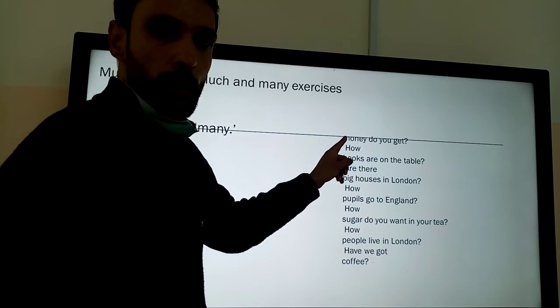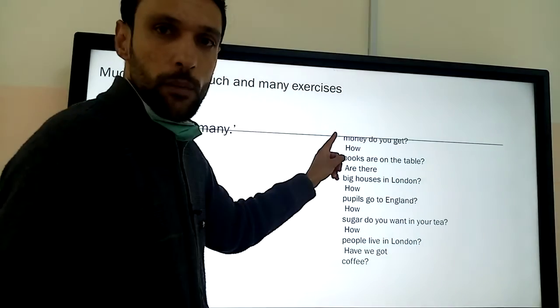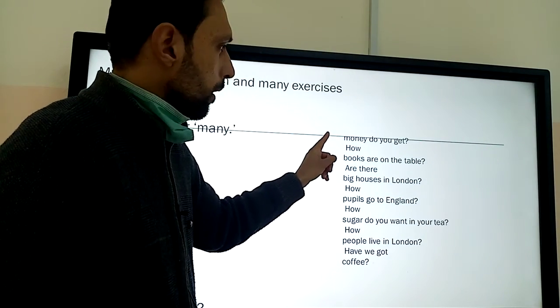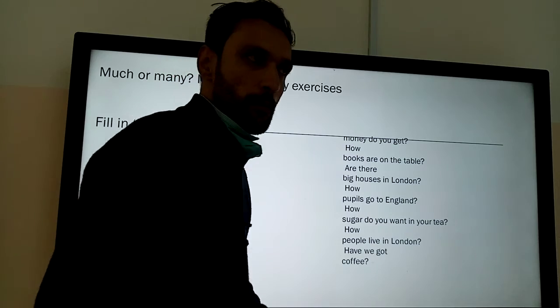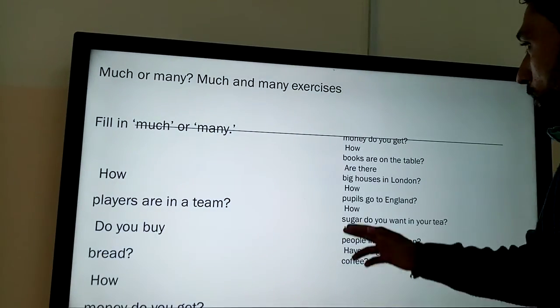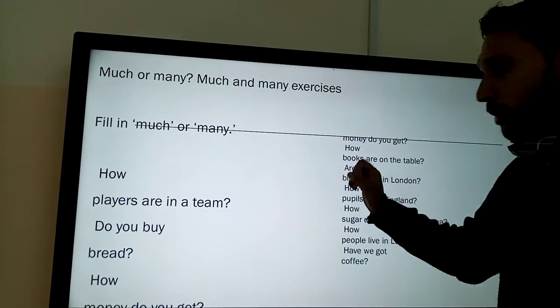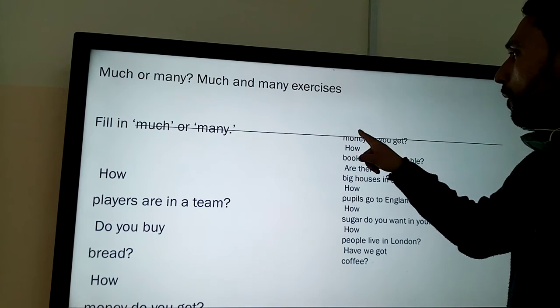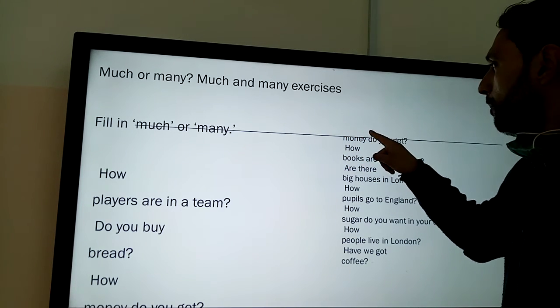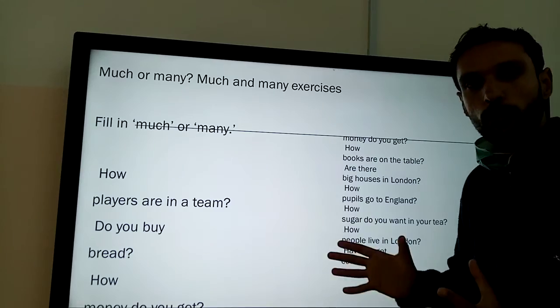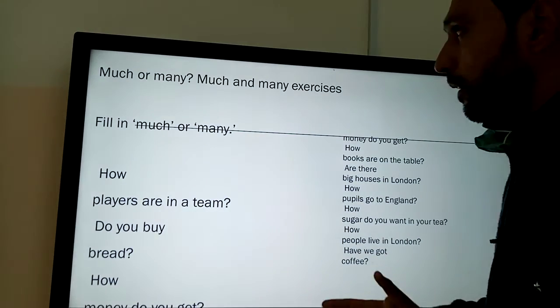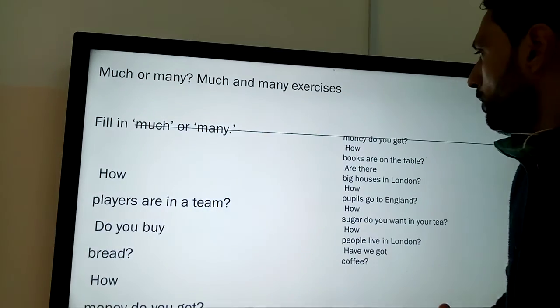Now with money. Can I say how much money or how many money do you get as a salary? Thank you. So I should say, how much money do you get? Because money here is an uncountable noun.